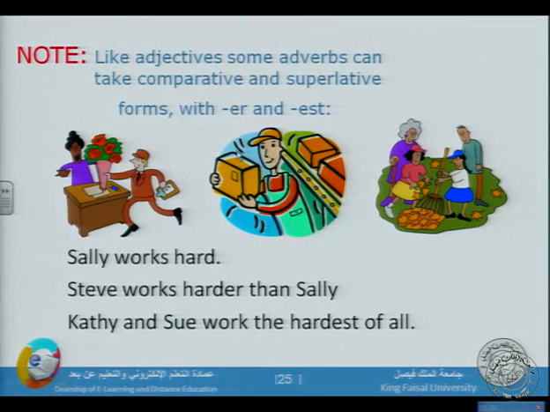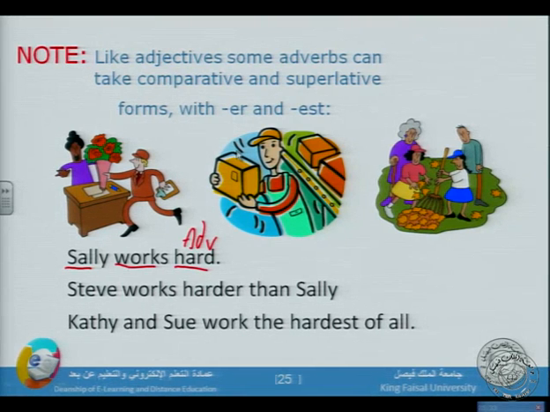Sally works hard. Sally هي السبجكت، وworks الفعل، وhard هي الادفيرب الظرف. يعمل بشكل جاد، تعمل بشكل جاد.